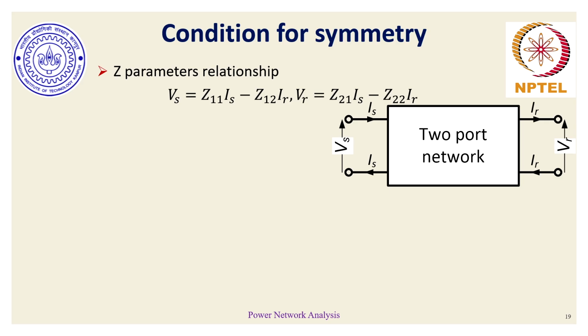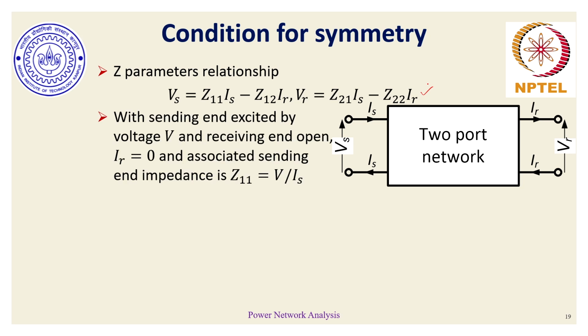So for conditions of symmetry, if we want to understand in terms of Z parameters, this is our equation, the model, with the sending end excited by a voltage V and the receiving end open. That means there is no load at the receiving end, so IR is 0. The associated sending end impedance is Z11, which is V by IS.